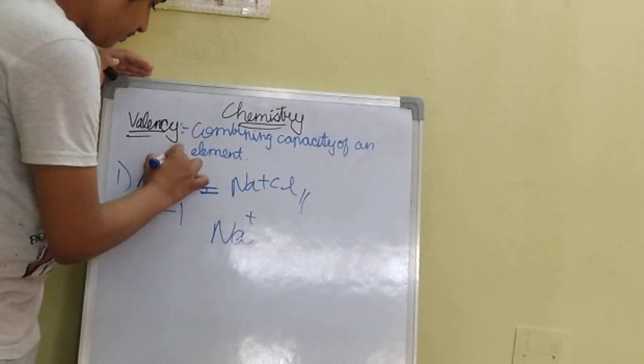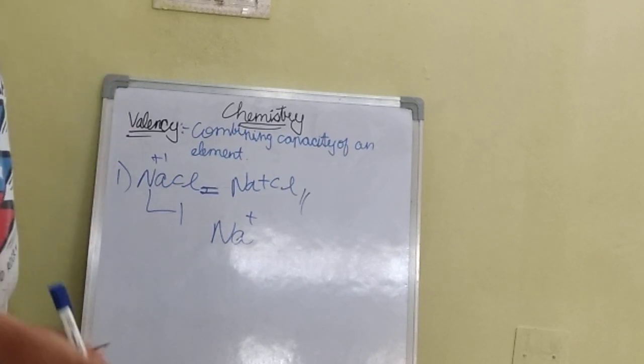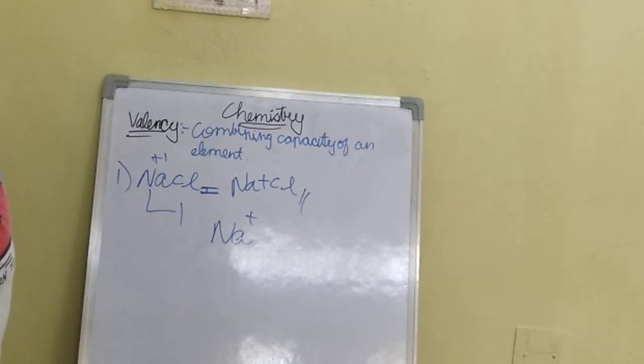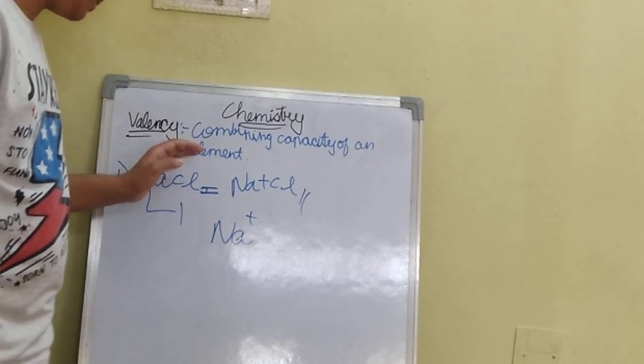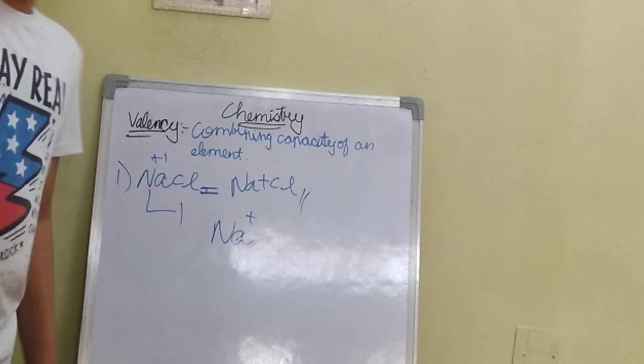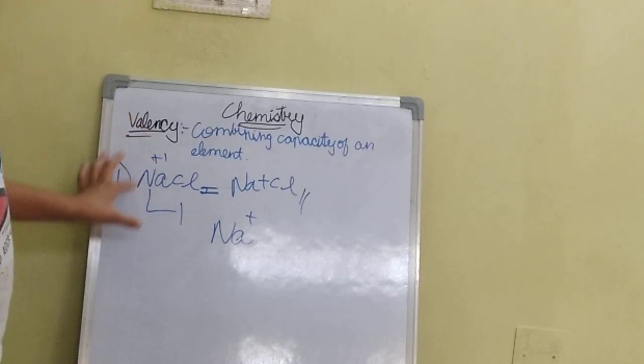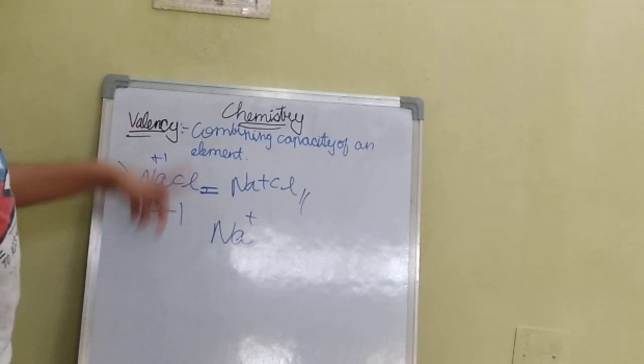So here plus 1, nothing but here we will write 1. This is the example I am giving. Other examples you do on your own. The others are somewhat difficult; you will get them in higher studies, not now. I'm just telling the basics. NaCl means sodium plus 1 gives 1. This is called valency.